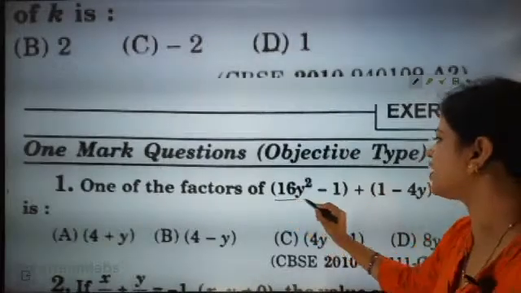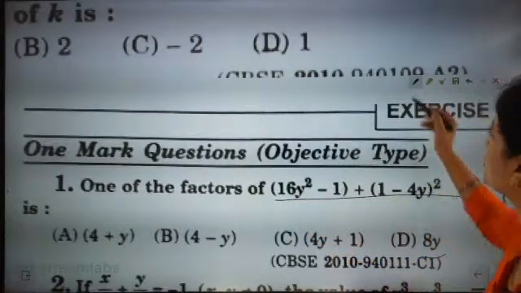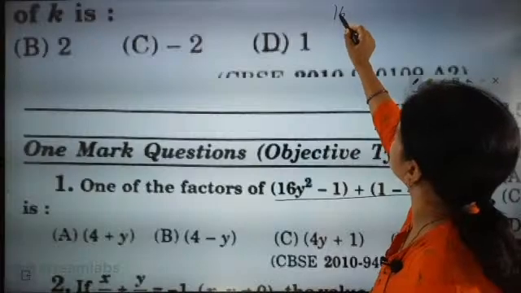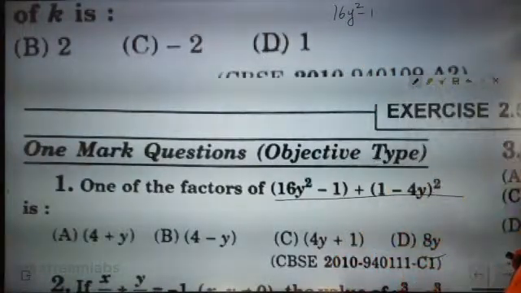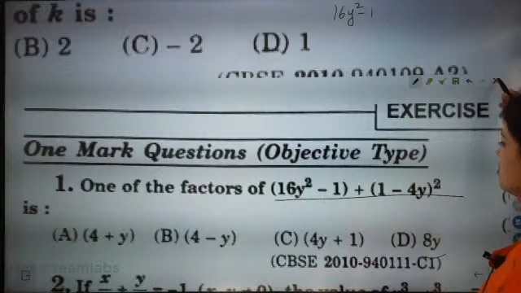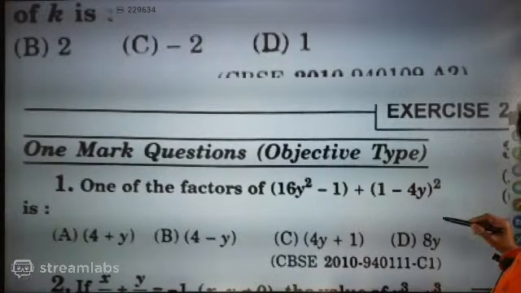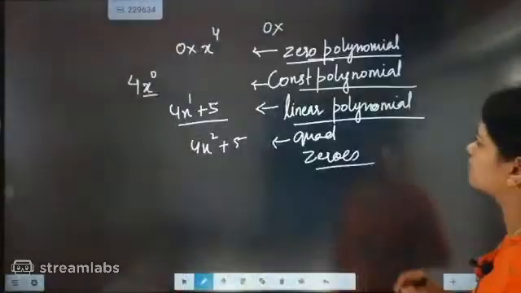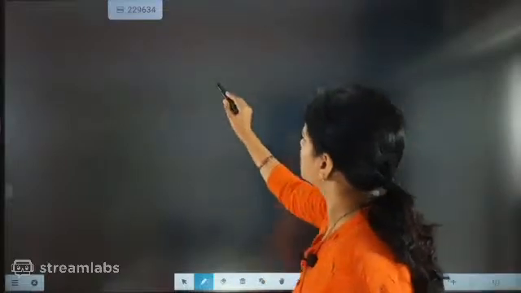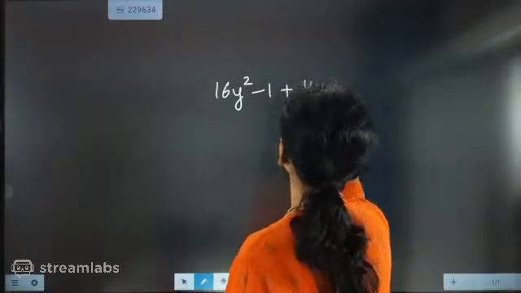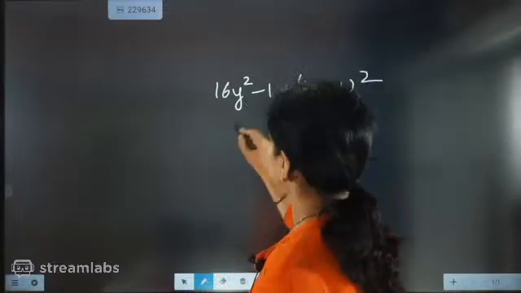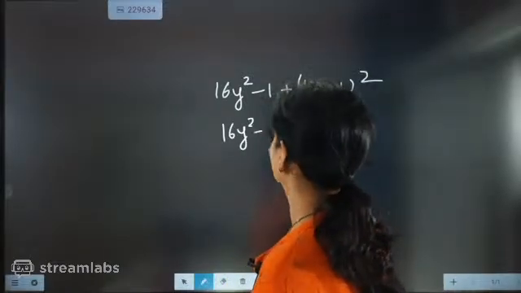Question is (16y² − 1 + 4y)². 16y² − 1 plus (4y − 1)².